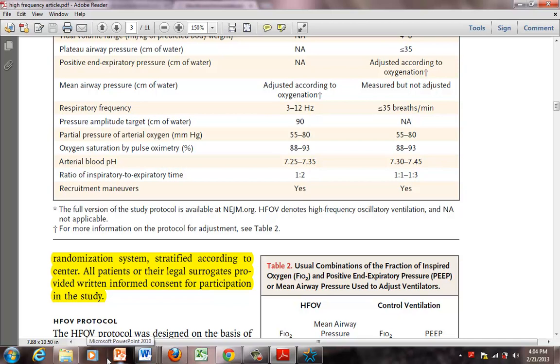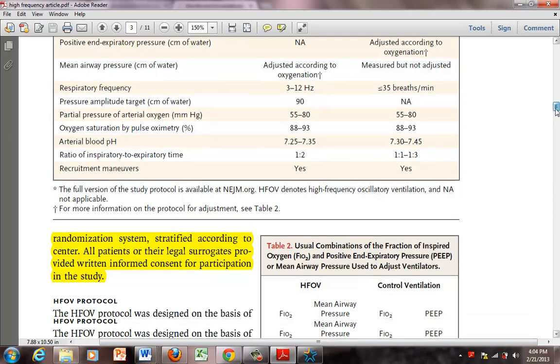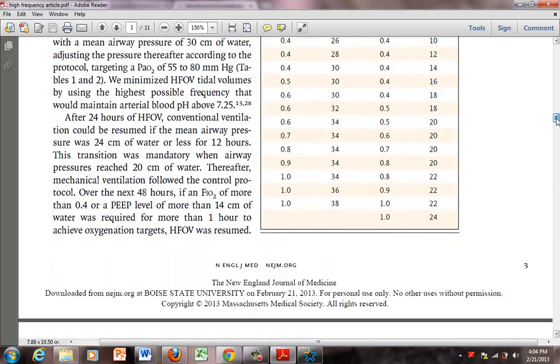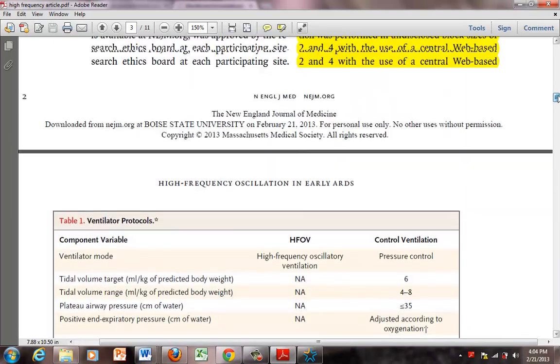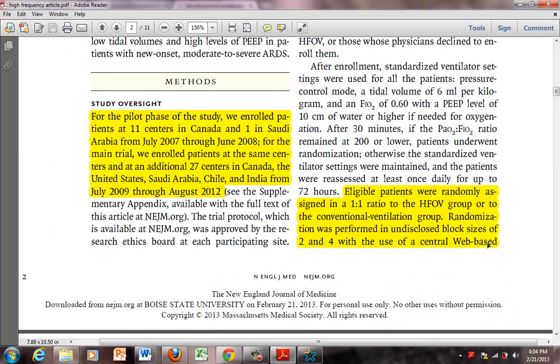All right, the next piece is we move to confounding variables. And I should have told you which page you could find this information. I'm sorry. So I found it on page 3, and it continued from page 2.